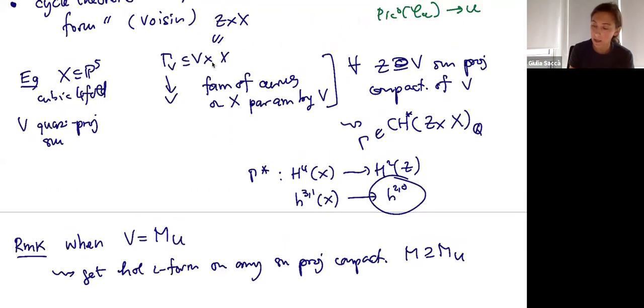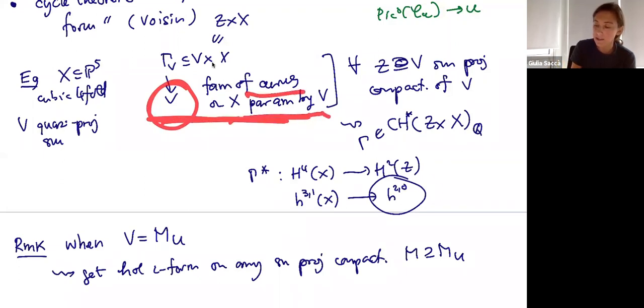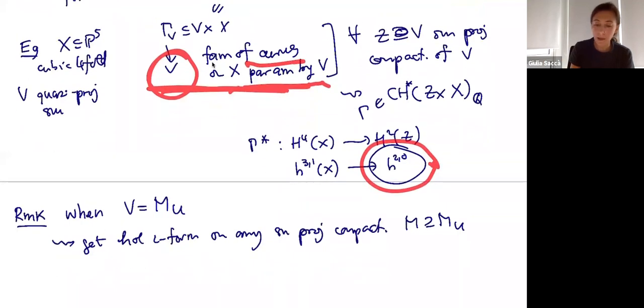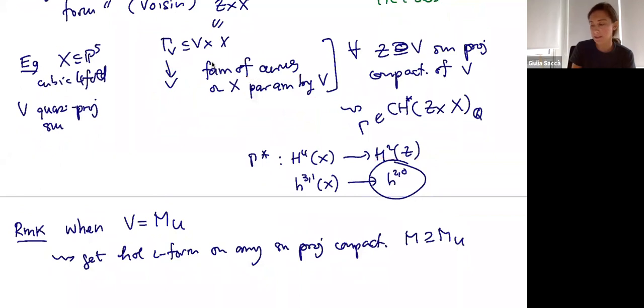So in here, I'm saying this V was just a random base of a family of curves on X. And so I just get a random holomorphic 2-form here. And of course, I need to know something about the family to know if this form is non-degenerate or not. And so I'm saying that when I have holomorphic symplectic forms on Lagrangian fibrations, I have concrete ways of checking if the form is degenerate or not.